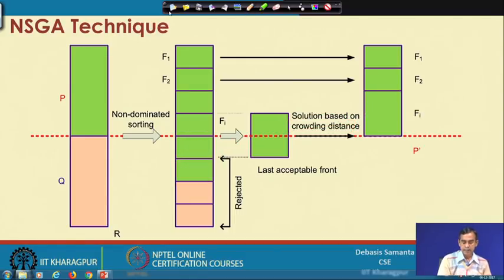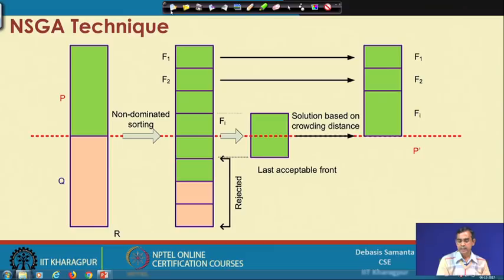So, this procedure says that we have to play a tournament among all the solutions which belong to it, and based on the tournament selection we will select the solutions here to fill the population size P dash equal to n.